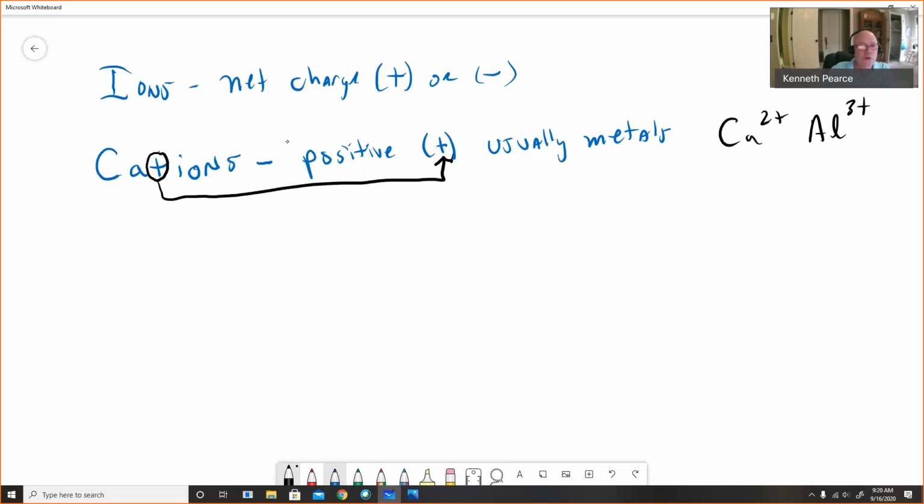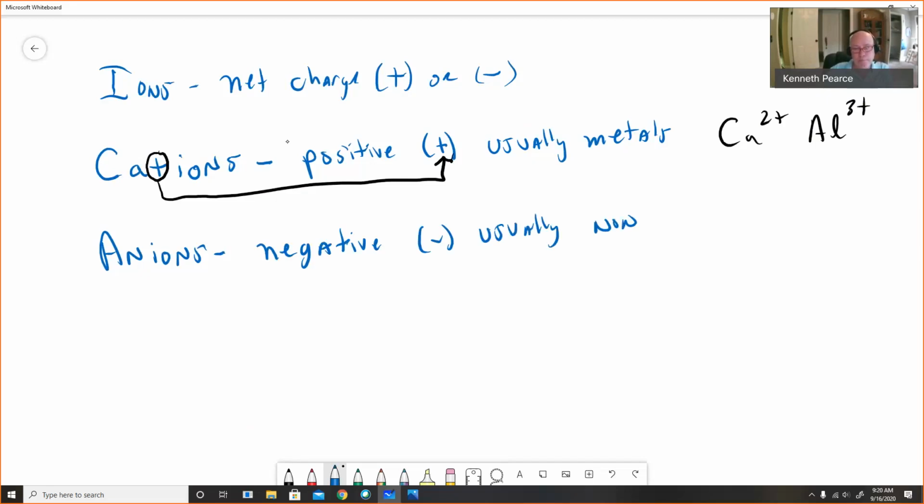And we have another kind of ion, and we call them anions. Well, what's the opposite of a positive? Well, that's a negative. So anions are negative. And usually they're nonmetals. And those are the elements that are up in the upper right-hand corner.